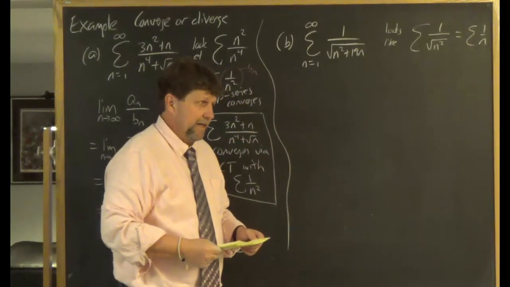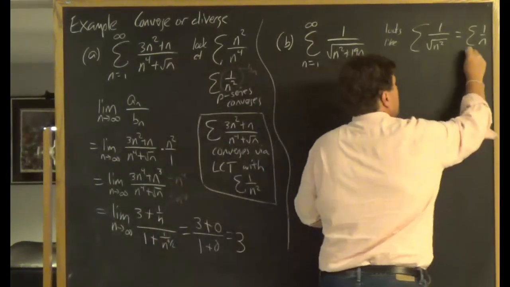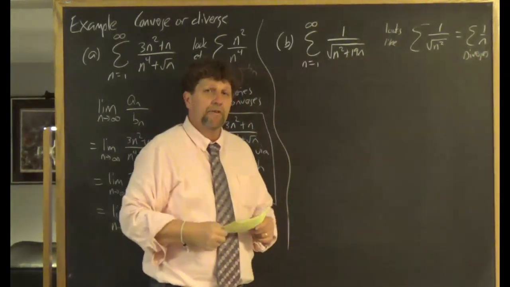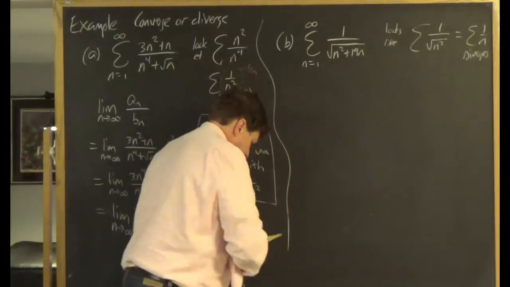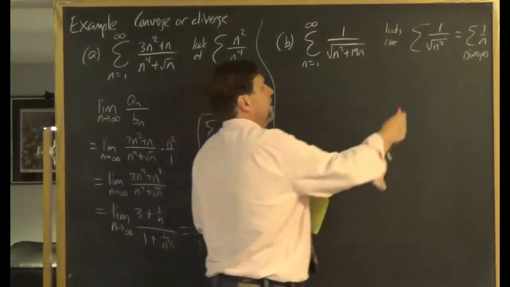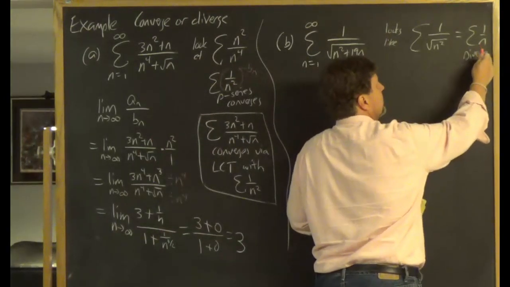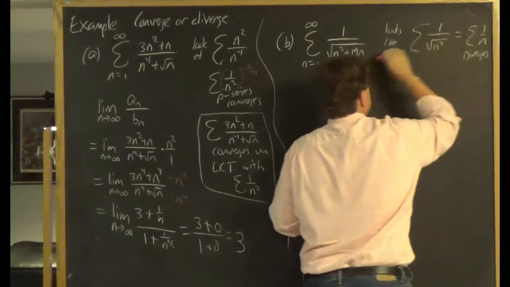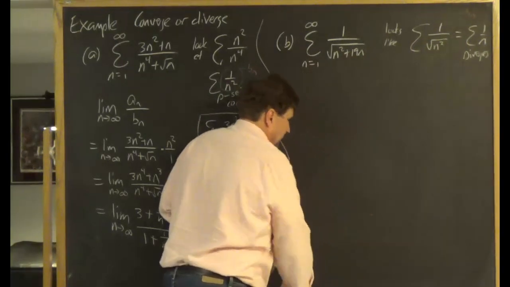Now what do we know about the harmonic series? We know that series diverges. So in any event, this is what the b sub n is. I'm going to use this version though, because there's a radical in here.